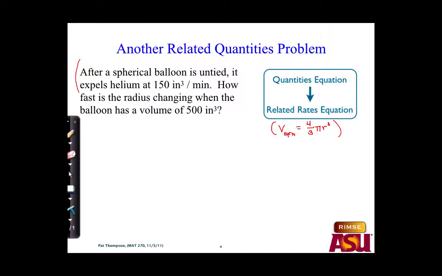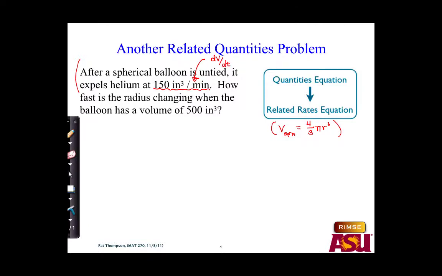Is the radius getting larger or smaller? Smaller. All right, so the balloon is untied. The helium is leaving at a rate of 150 cubic inches per minute. Just in terms of symbols, cubic inches per minute is a rate that tells me how volume over time is changing. So symbol-wise, I'm going to call this dV over dt.